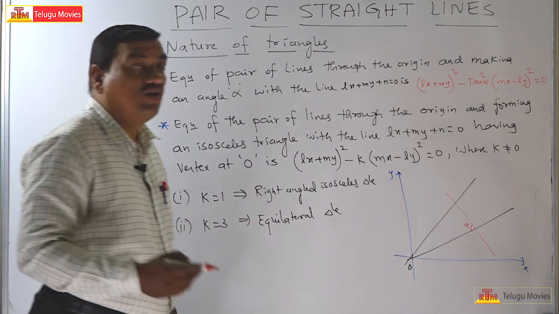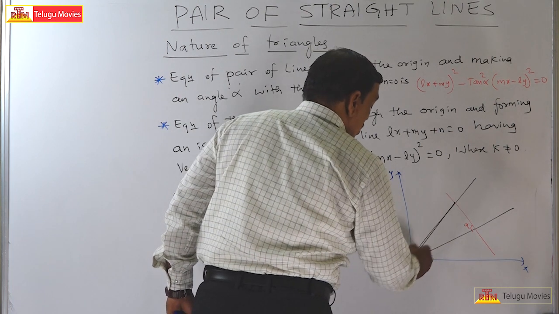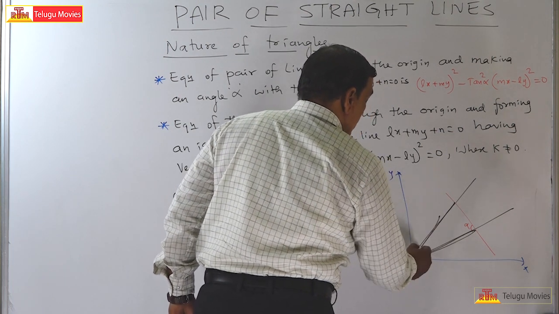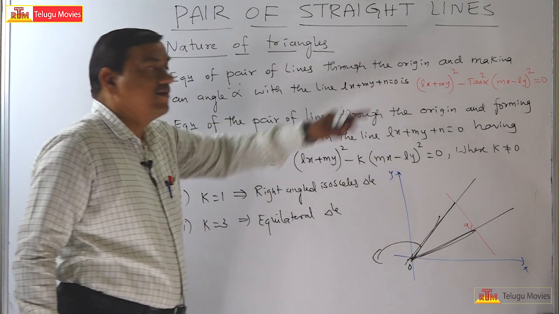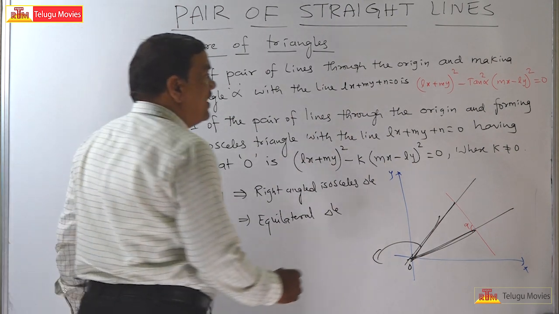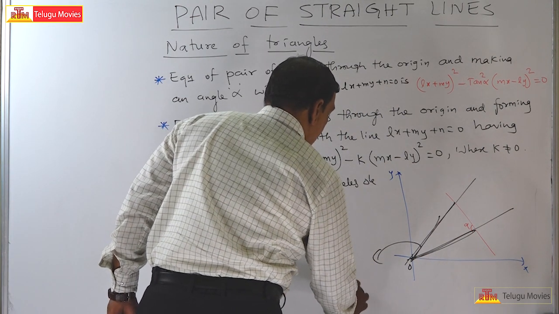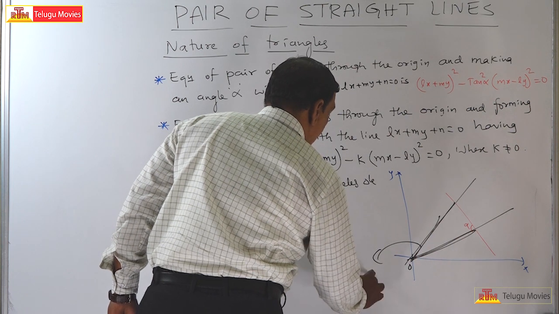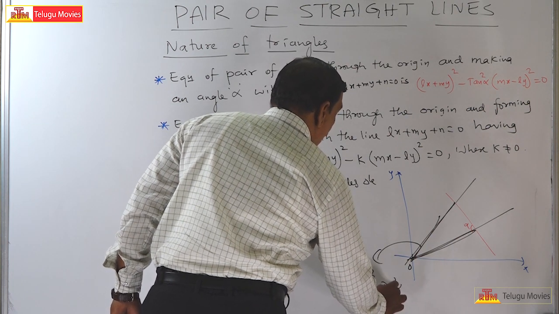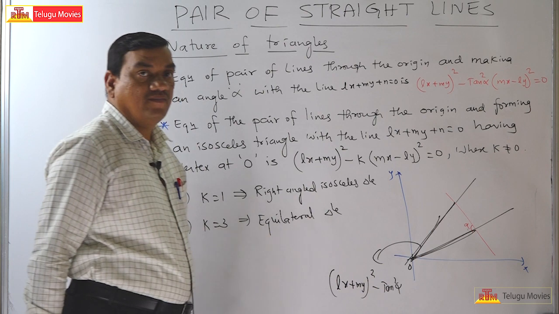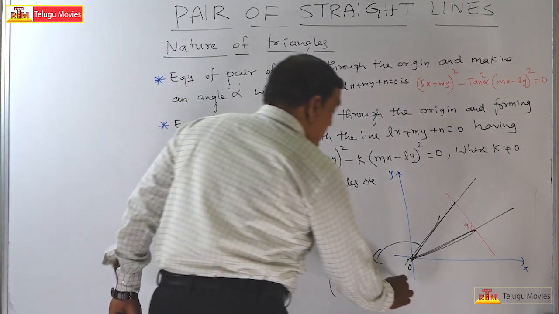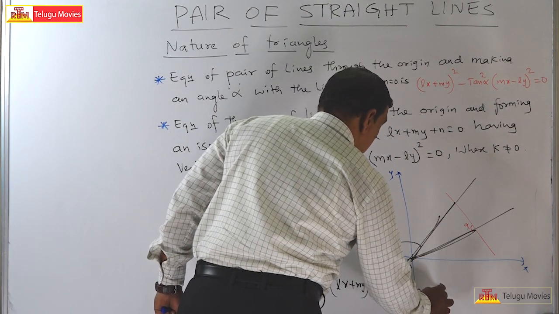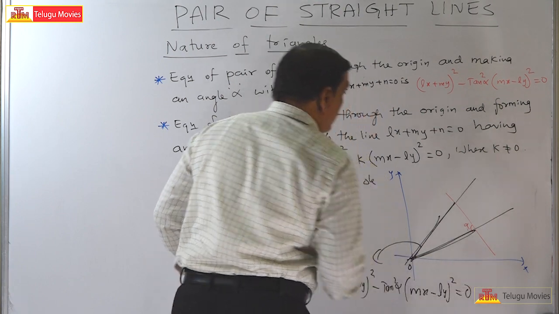If you want to find the equation of these lines, it is given by the formula (Lx plus My) whole square minus tan square alpha, whatever may be the angle alpha, times (Mx minus Ly) whole square, equal to 0.